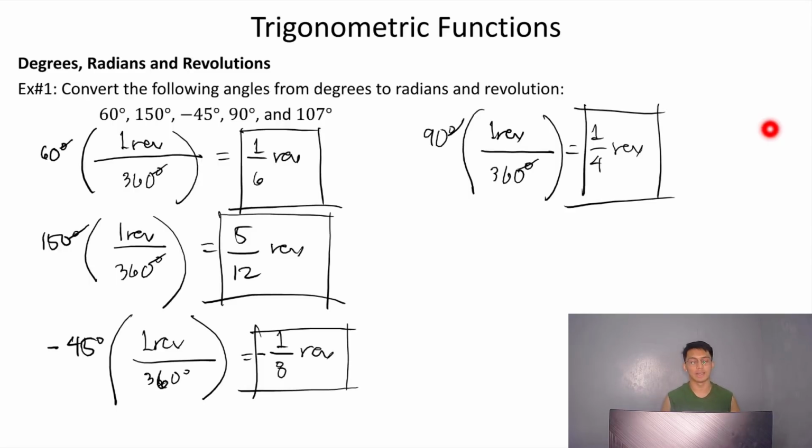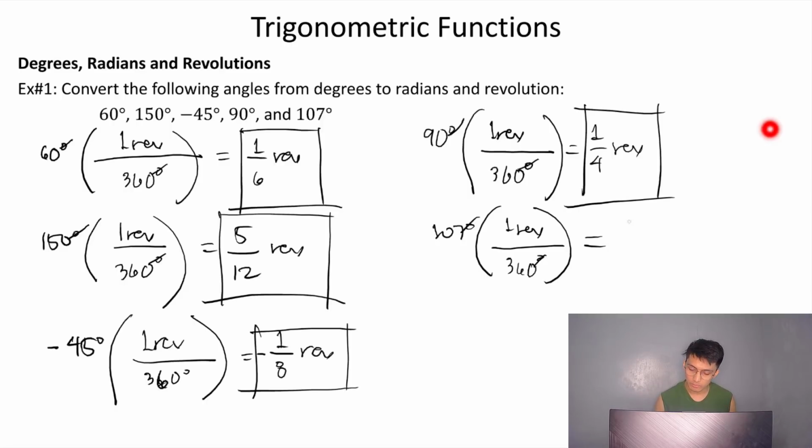And now for the last angle, we have the angle 107 degrees. Multiply into the conversion factor 1 revolution over 360 degrees. So cancel the unit and then simplify. 107 over 360 is the lowest term na mismo. So we just copy it.